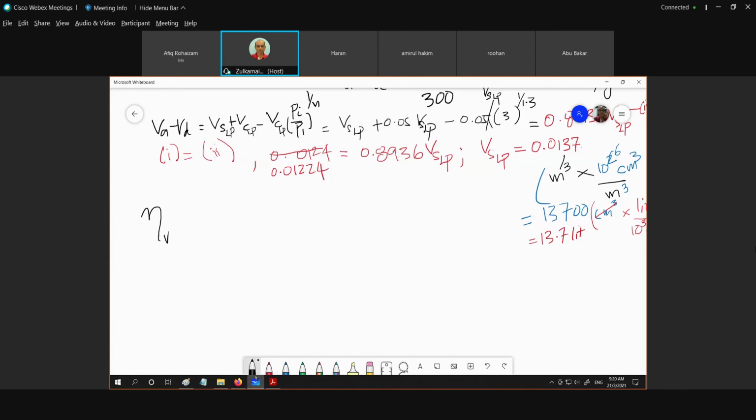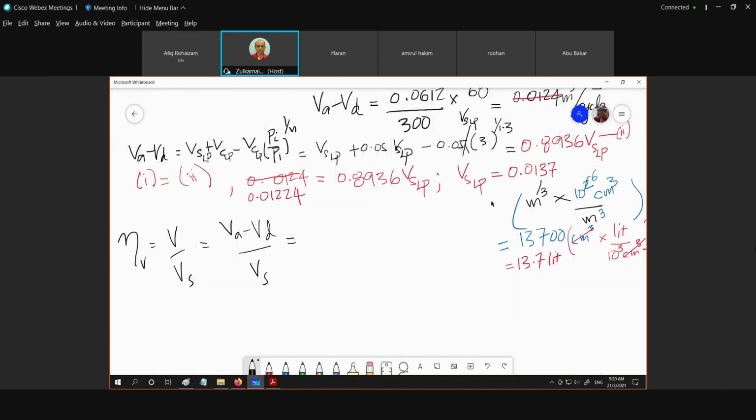Volumetric efficiency is equal to V divided by Vs. Because kita ada VC, so this is VA minus VD divided by Vs. Alright, so kita dapat 0.8936 divided by Vs LP for the first stage.